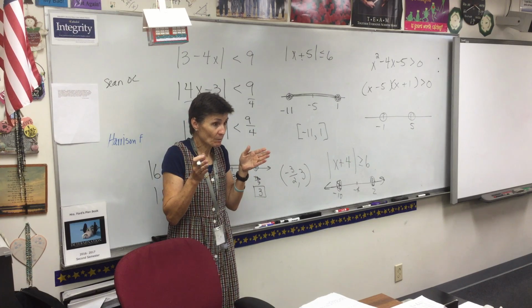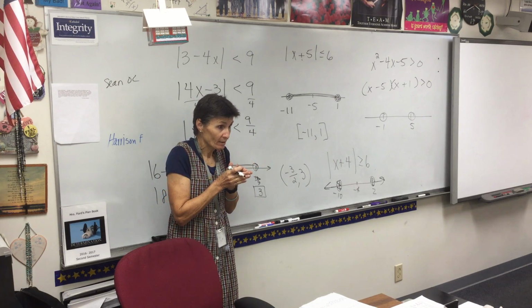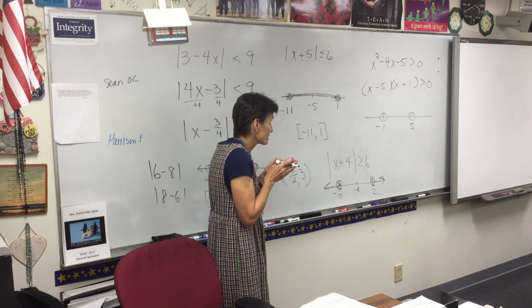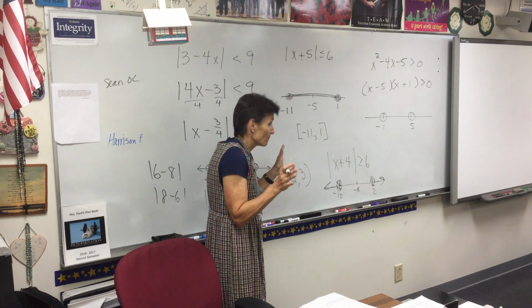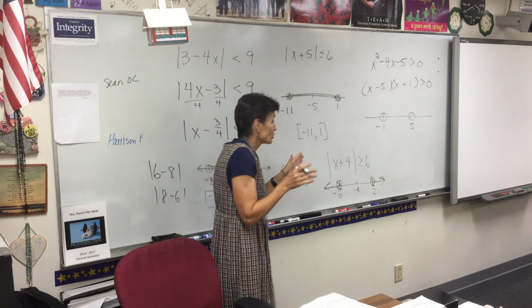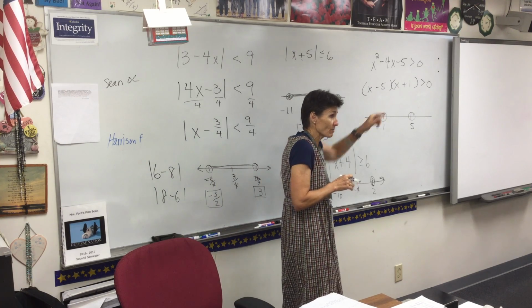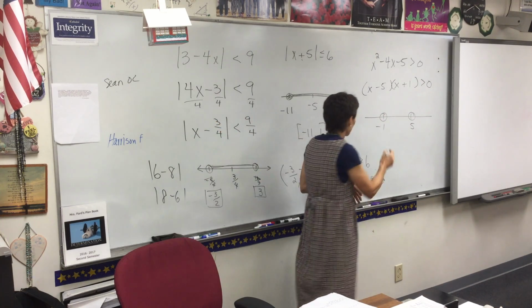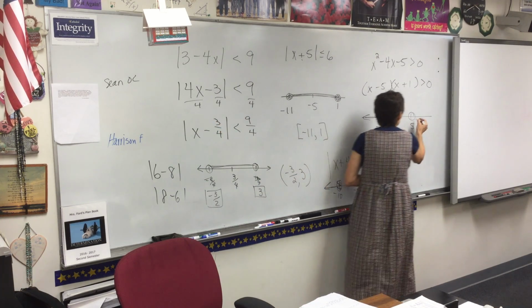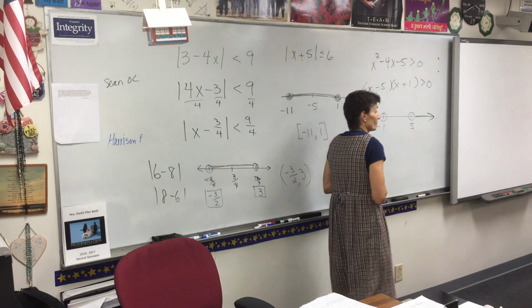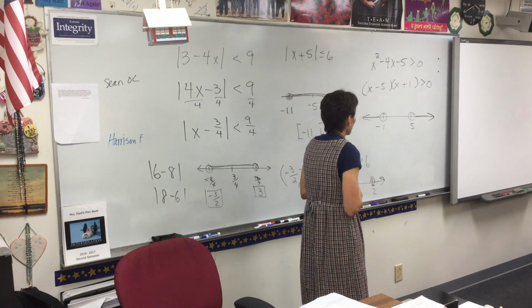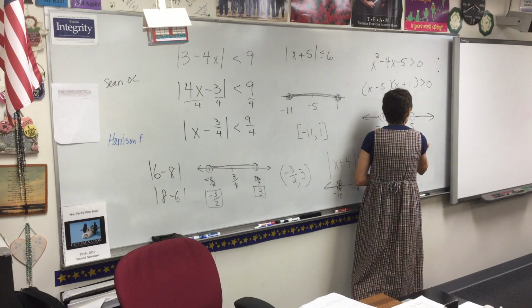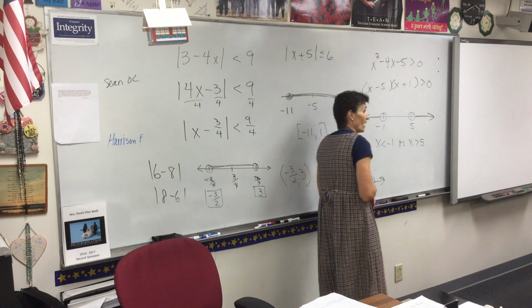When it was a less than, we shaded in between. As long as there are just 2 dots, that's how you do it. So this is a greater than, so where am I going to shade? Outside. So I'm going to shade out here, and I'm going to shade out here. So my answer is x is less than -1 or x is greater than 5.